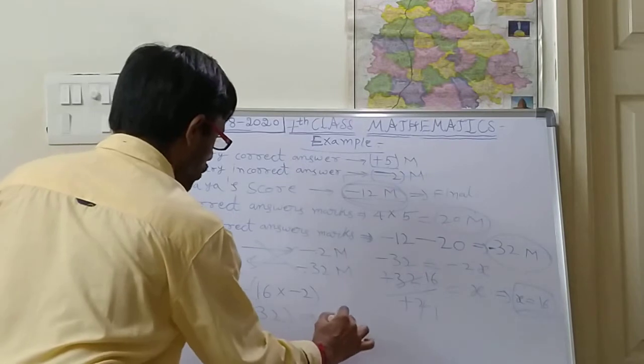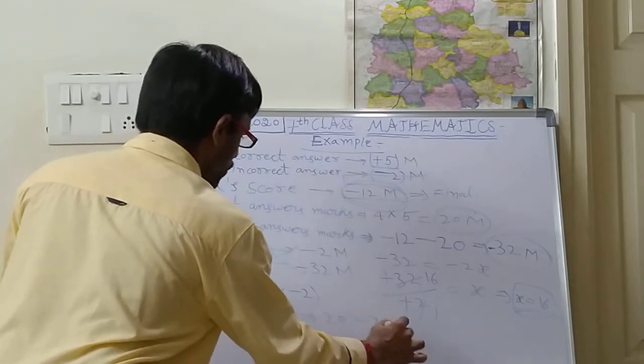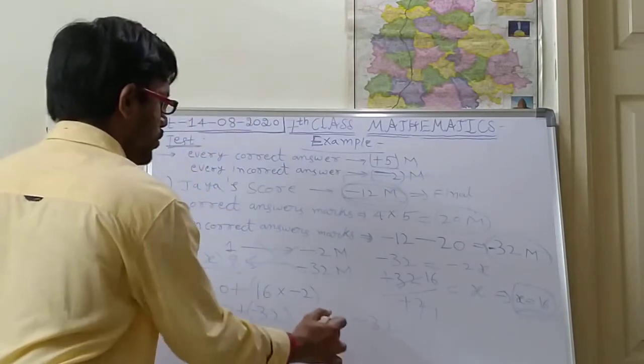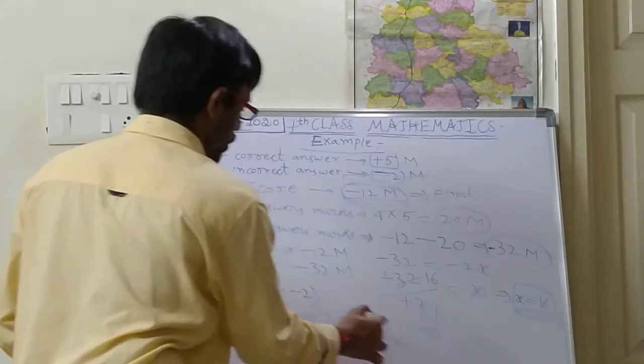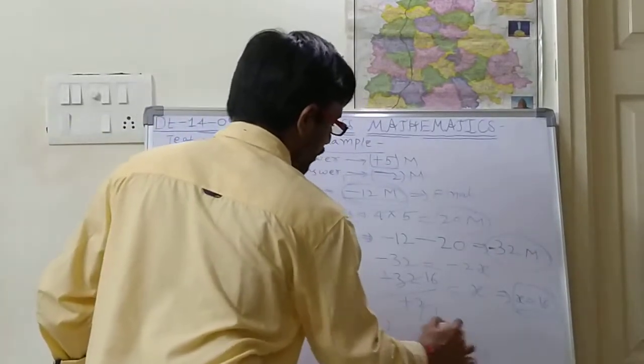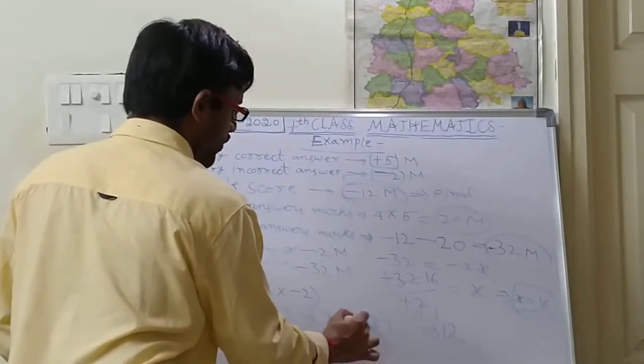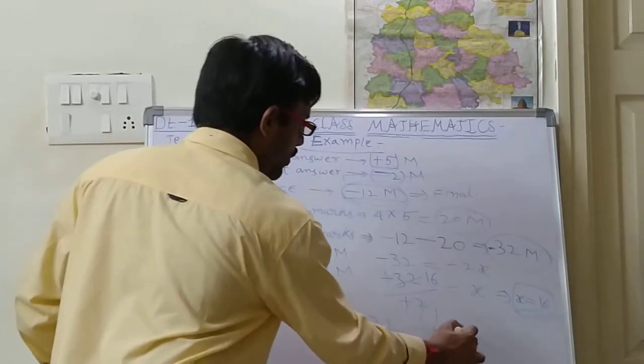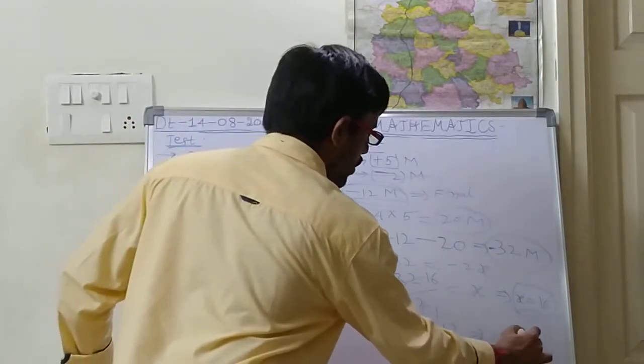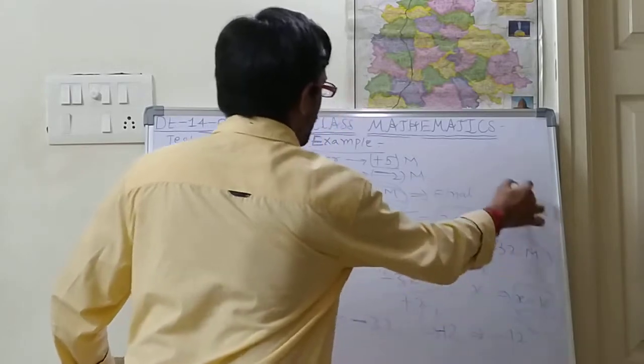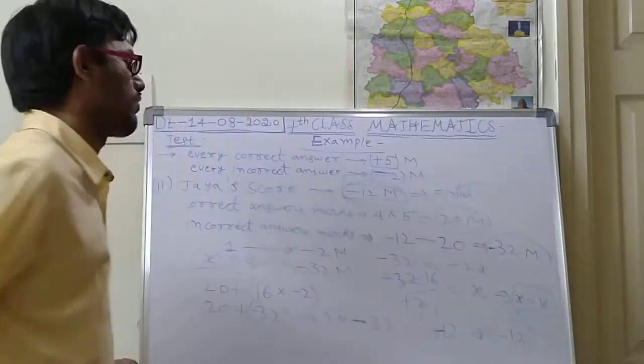So that time plus 20 minus 32. Plus into minus is minus. 20 minus 32 is 32 minus 20, 12. The minus is there because of the bigger number. So minus 12. Minus 12 is tallying with the final mark, minus 12 marks.